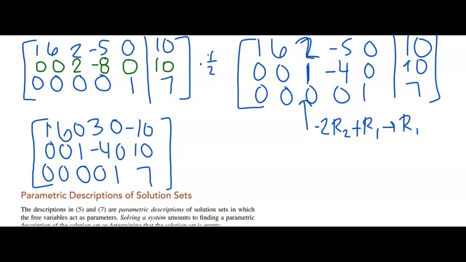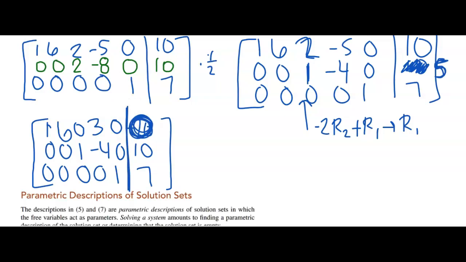I actually have an error here. Sorry about that. You need to make sure you multiply by 1/2 on everything. If you were screaming at me through your video, sorry about that. Okay, so now -2 times 5 plus 10, this is actually 0.